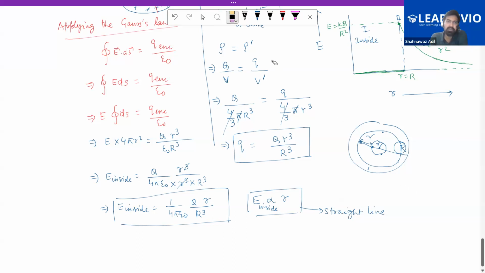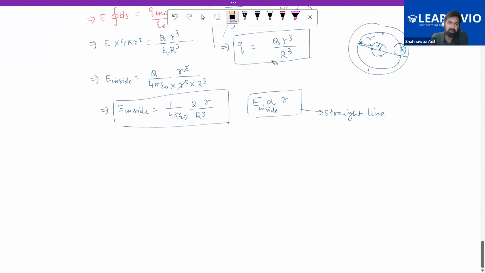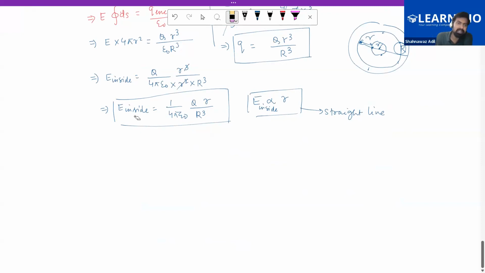And let us calculate the outside region. We can calculate at the surface using this idea. So at the surface, what happens with r? This small r will become what? Capital R, right?